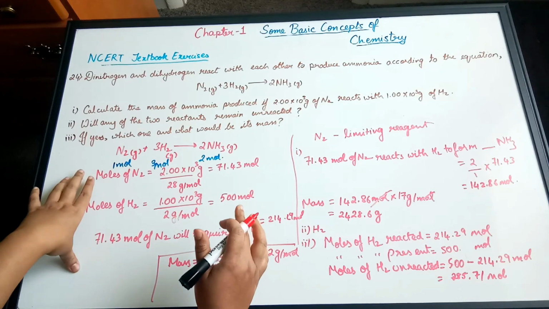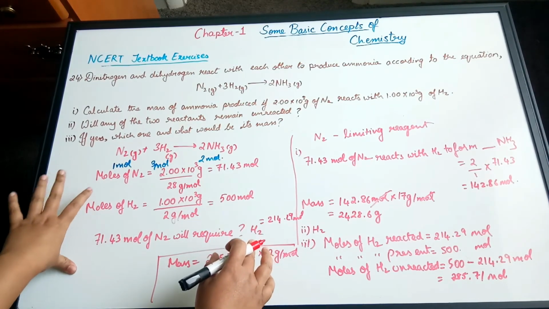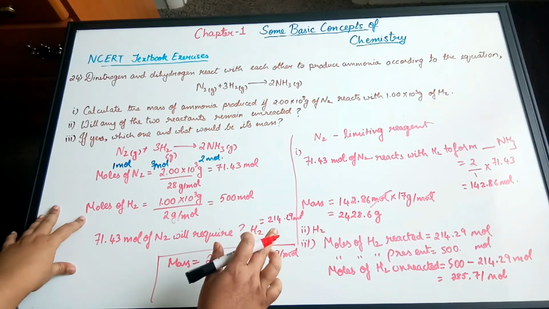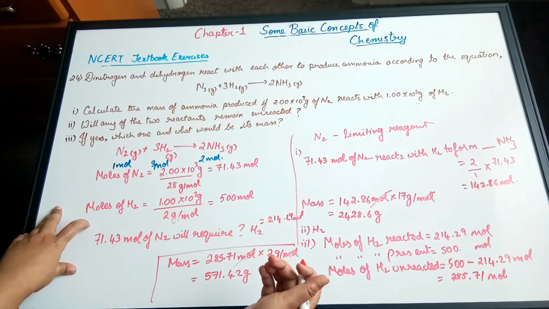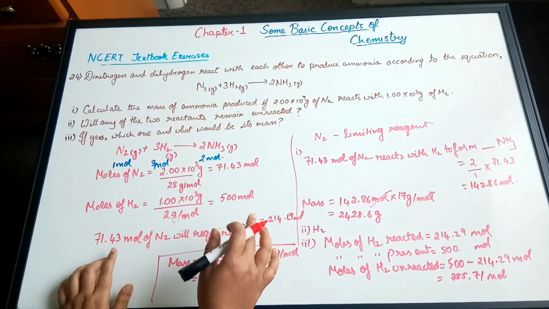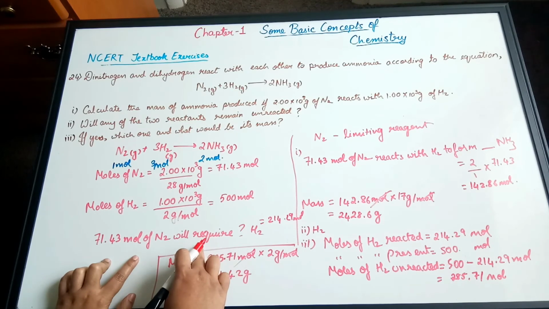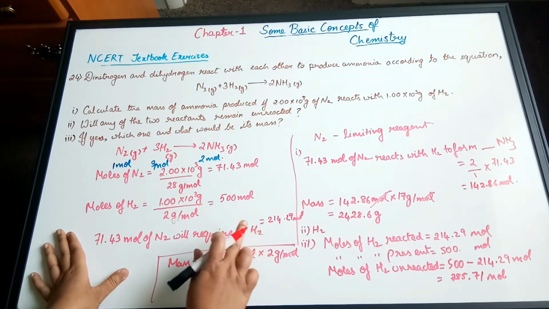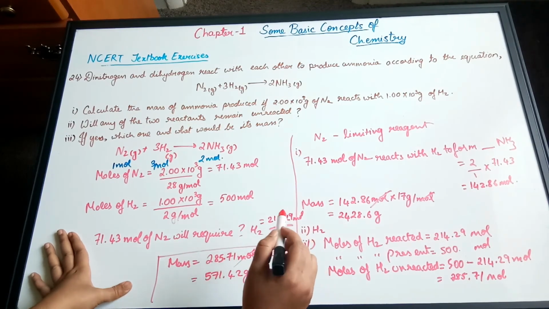So first we calculated the number of moles of nitrogen and hydrogen involved in the chemical reaction according to the masses which are given. So number of moles is calculated by the formula mass by molar mass. Based on this stoichiometry, 71.43 moles of dinitrogen will require how much hydrogen? Because we know it is in a 1:3 ratio, we just multiplied, which meant it only required 214.29 moles of hydrogen.